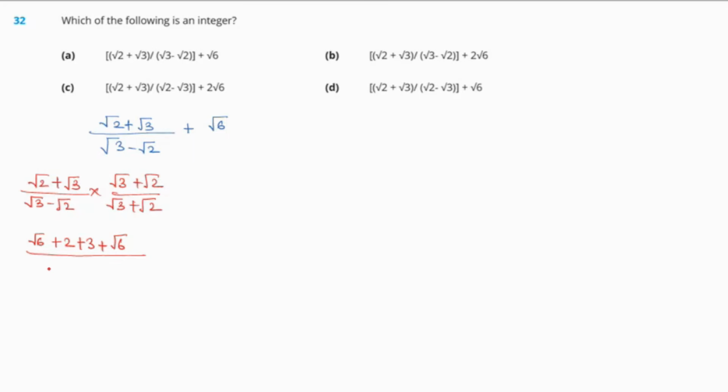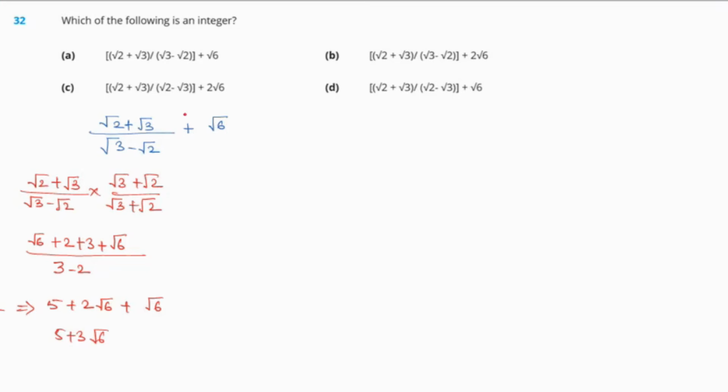And here we are going to get root 3 square, which is 3, minus 2. So we will be getting 5 plus 2 root 6 by 1, plus root 6 again. So it becomes 5 plus 3 root 6. And since root 6 is there, it will not give us the value in integer form.